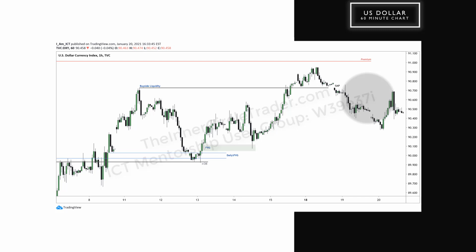That would scare a lot of people from not wanting to go short, but also the way it dropped off from 90.70 down to 90.38 or 39, that might scare people from wanting to buy it.